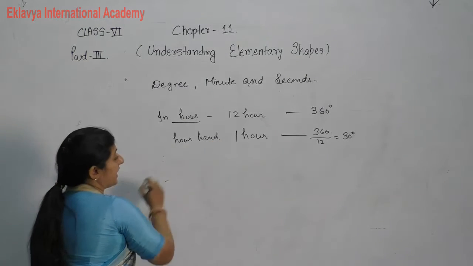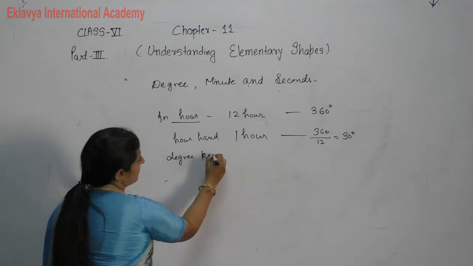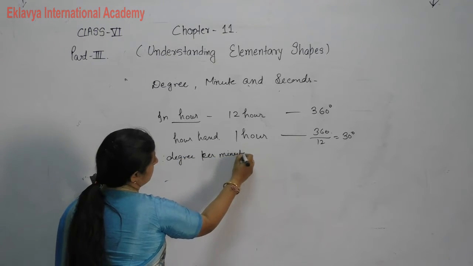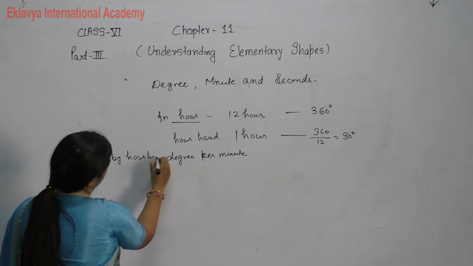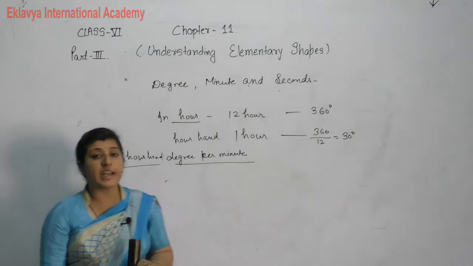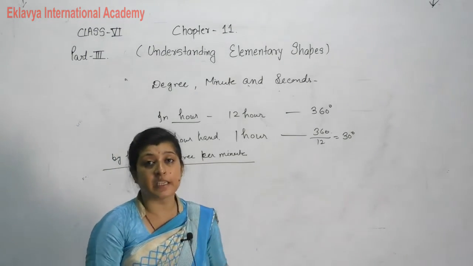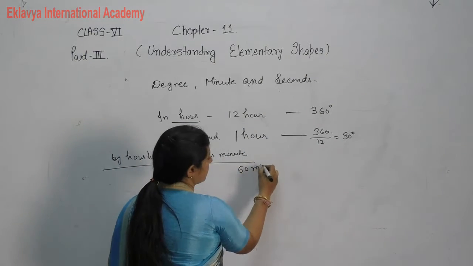Now see one thing. For the hour hand, we want to find the degrees per minute. How many degrees does the hour hand make in 1 minute? See, 1 hour means 60 minutes.